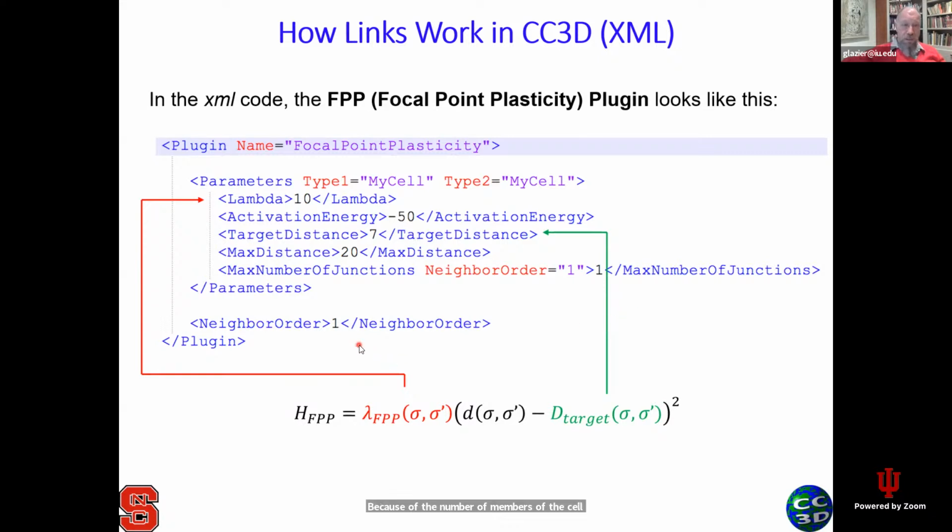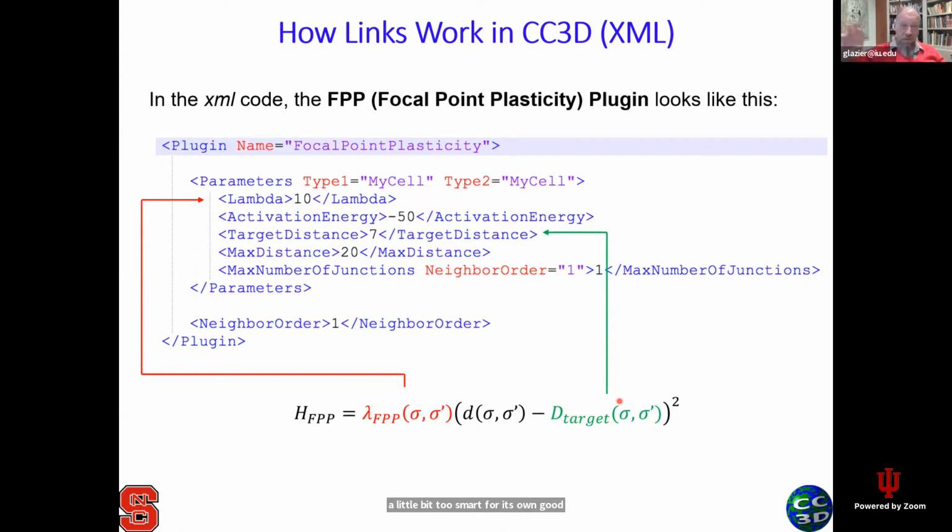Neighbor order is there because when we're calculating who's next to us, that depends on the range over which we do the calculation. And the last number, which is a little bit unexpected perhaps, is activation energy. And this plugin is maybe a little bit too smart for its own good.